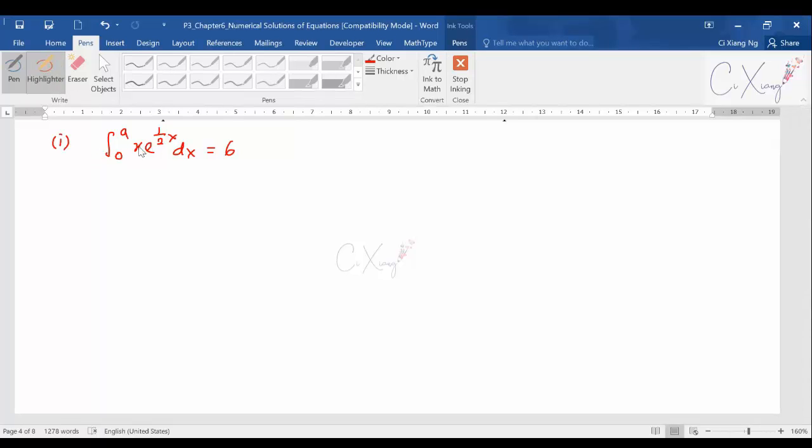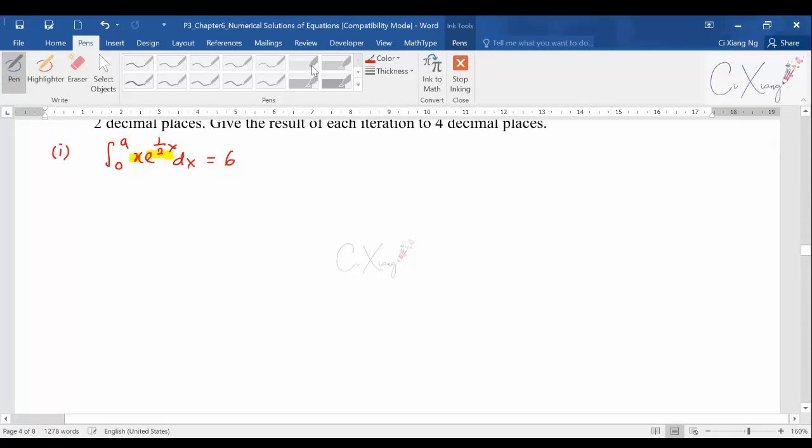From here, you can see that this equation consists of two different functions. One is algebraic, and the other is an exponential function. I hope that you can see it. The algebraic one is x, and the exponential function is e.